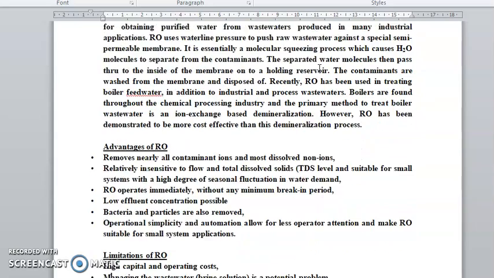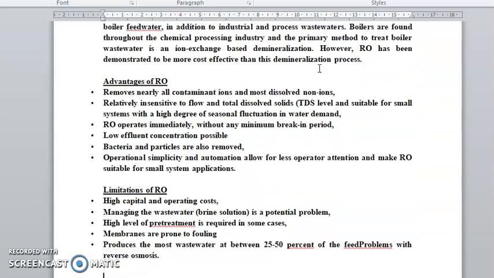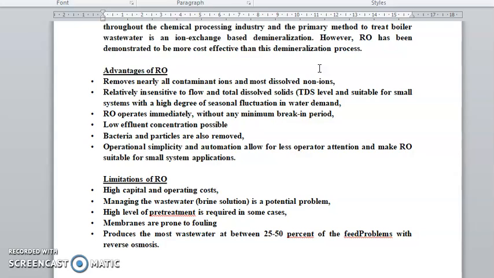Advantages of RO: it removes nearly all contaminants, ions, and most dissolved non-ions. It is relatively insensitive to flow and total dissolved solids, TDS, level, and suitable for systems with a high degree of seasonal fluctuation of water demand.